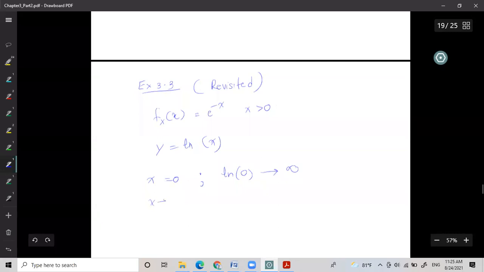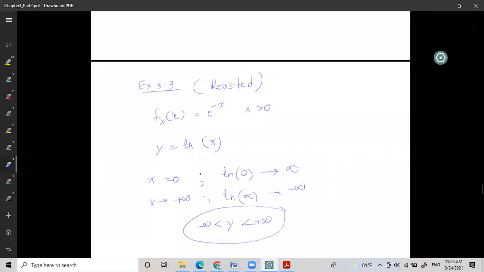And when x goes to positive infinity, ln of infinity is also infinity. So you'll end up with y from negative infinity up to plus infinity. So this is the limit of y.